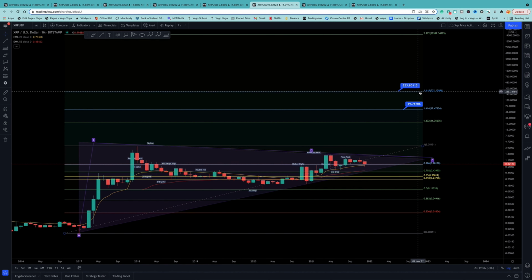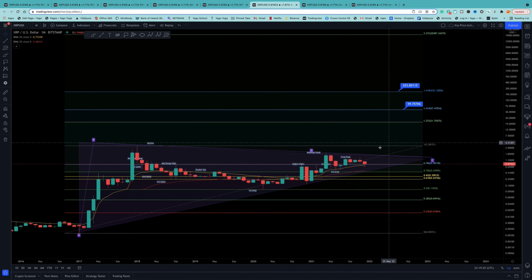So imagine where this is going to go over the next year or two: 253 per XRP. The 414 is $59. When this hits the 414, XRP is going to be $59. The 212 is $20.